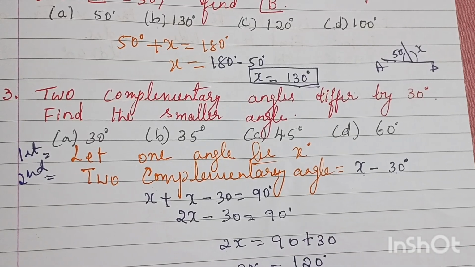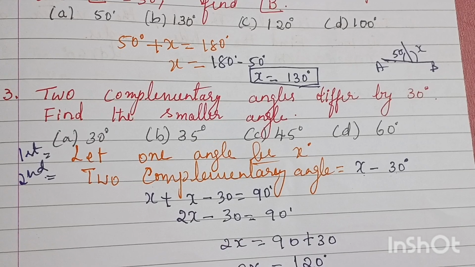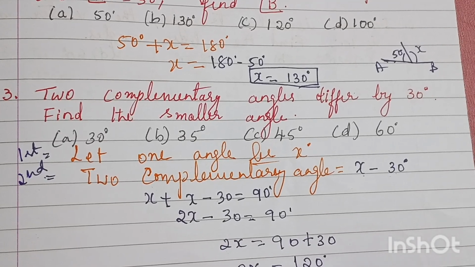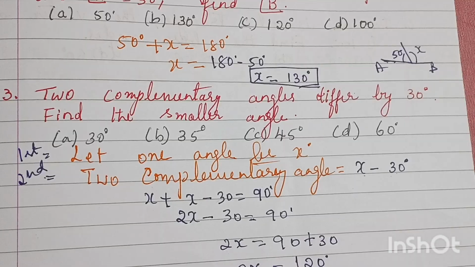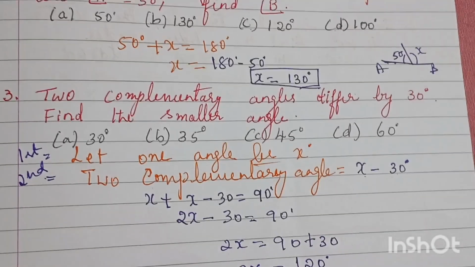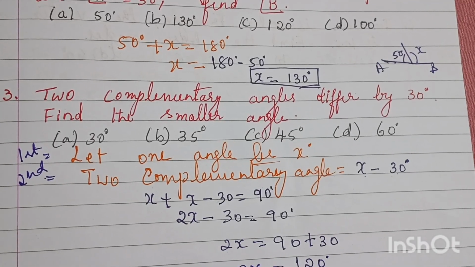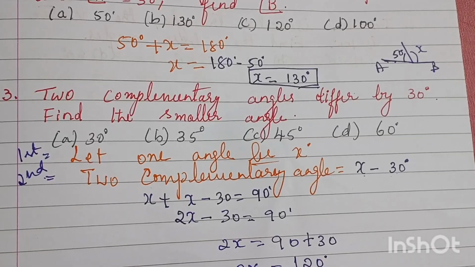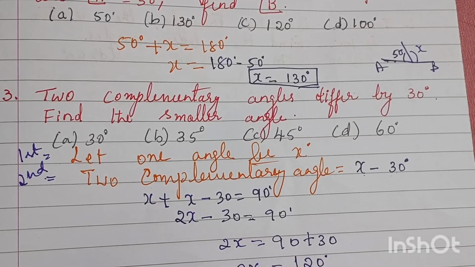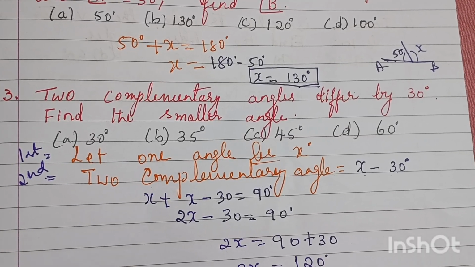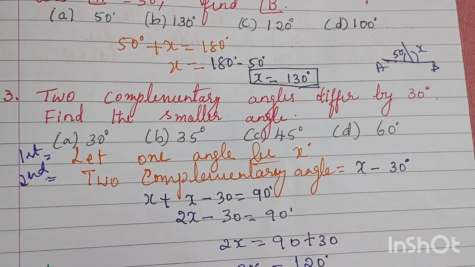So X is equal to 120 divided by 2, which is 60 degree. X is equal to 60 degree. So our X is equal to 60 degree. That is the value, 60 degree is our answer.